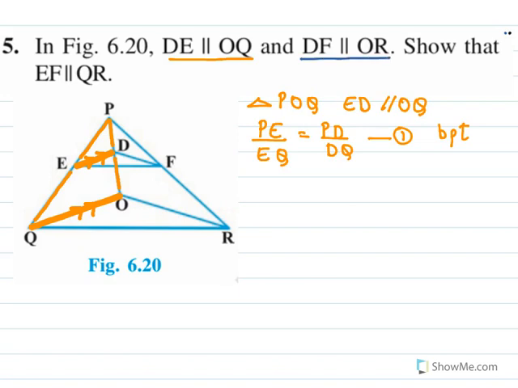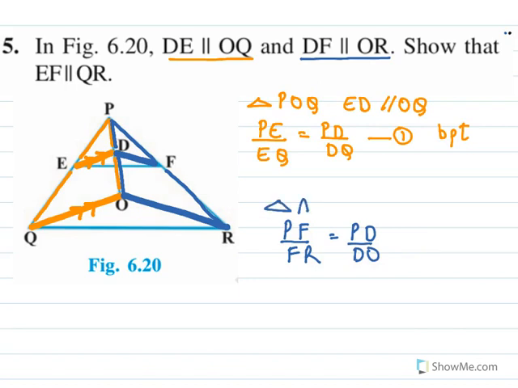DF parallel to OR. So we'll mark this. Here we have DF and it is parallel to OR. So which means now that PF over FR will be equal to PD over DO.